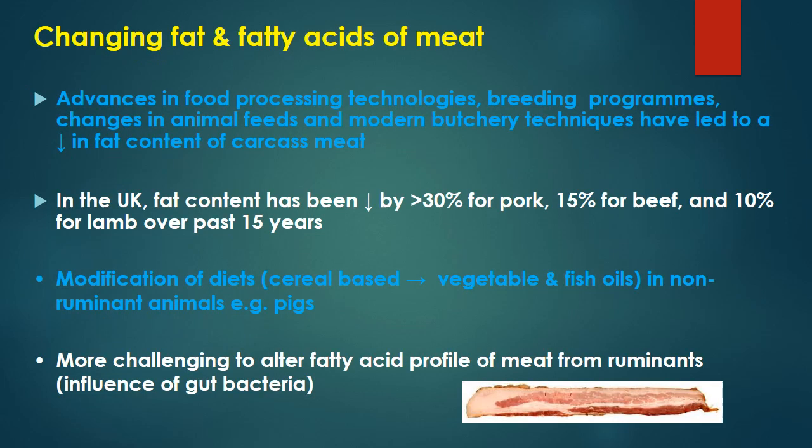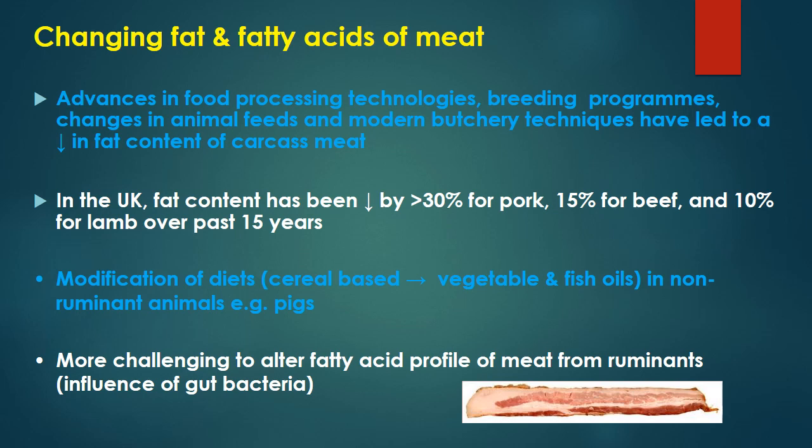So here we will discuss some of the modern work or efforts to reduce the fat content and modify the fatty acid composition through modifications and research. In case of processing, advances in food processing technologies, breeding programs, changes in animal feeds and modern butchery techniques have led to a reduction in the fat content of carcass meat.